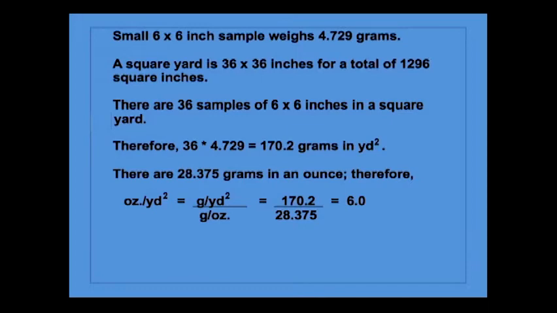From this, the small sample's weight can be multiplied by 36 and converted to the proper yield. If the small sample weighs 4.729 grams, this can be multiplied by 36, which gives 170.2 grams in a square yard. Since there are 28.375 grams in an ounce, the ounces per square yard would be 170.2 divided by 28.375, which equals 6.0 ounces per square yard.